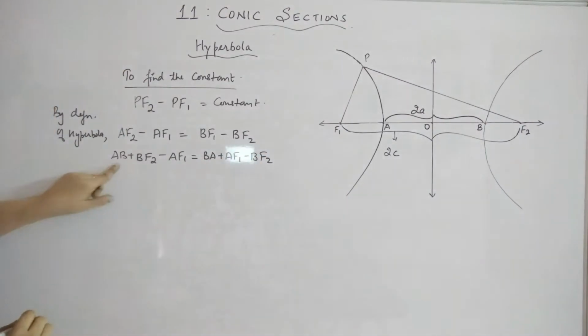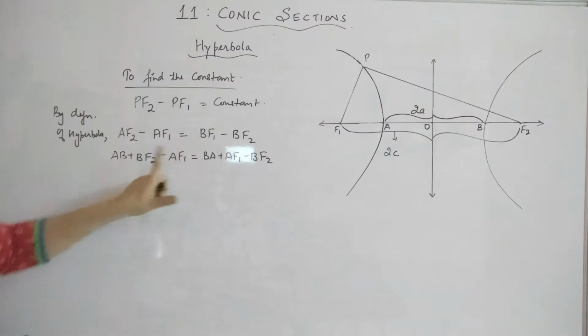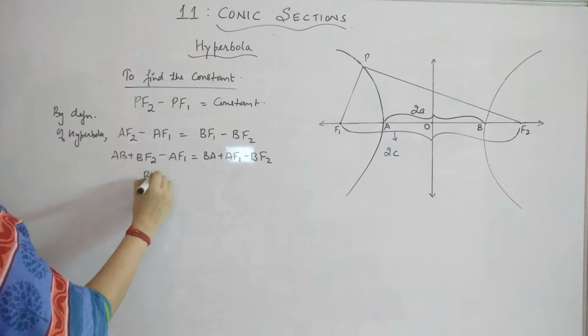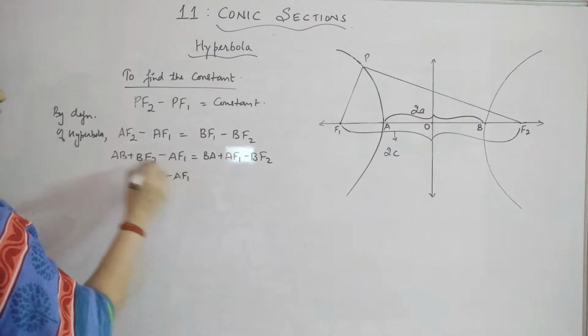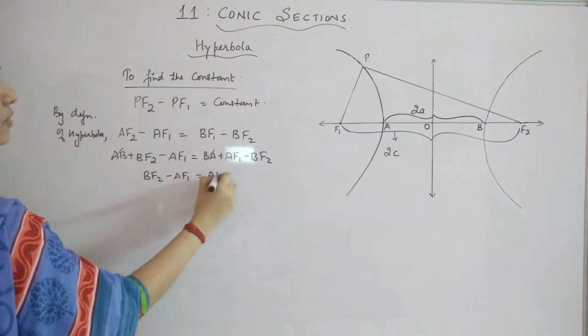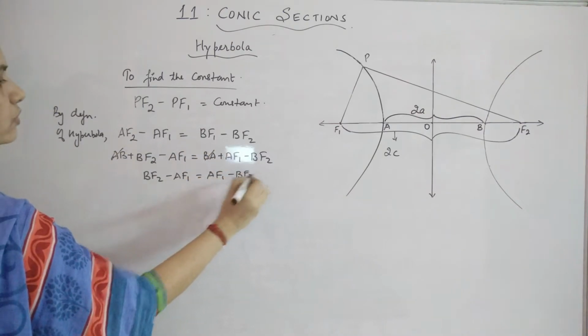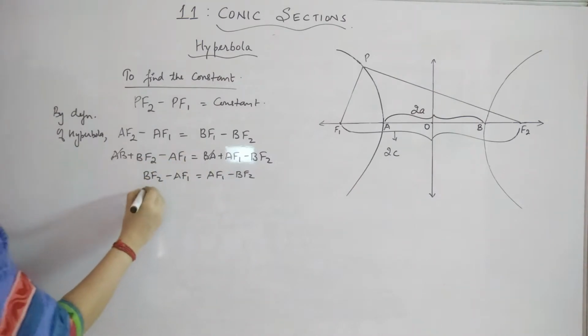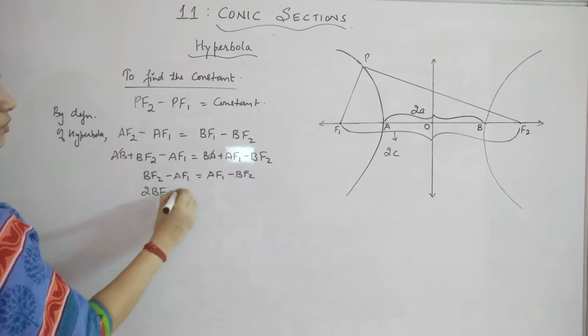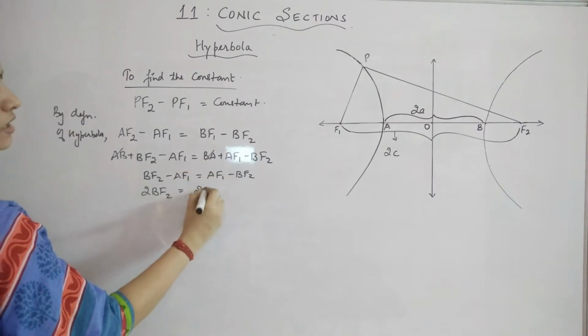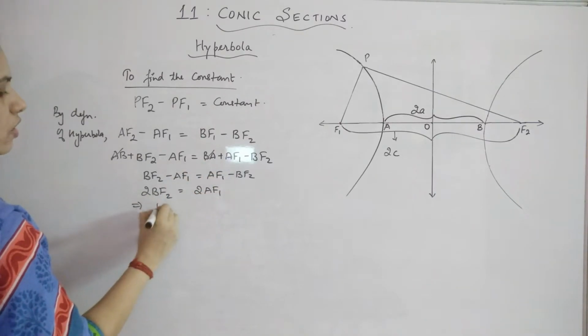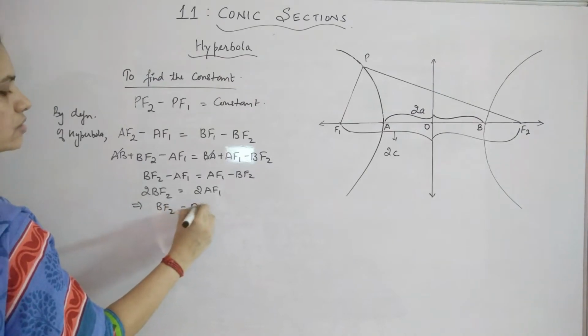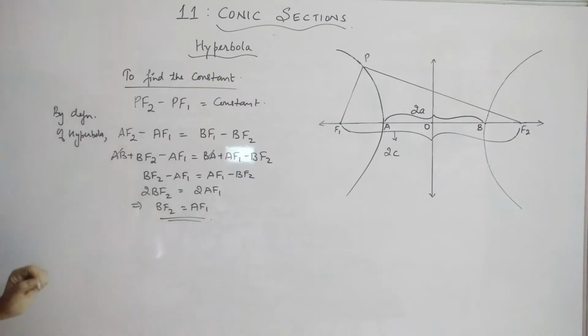We can see that AB is common on both sides, so you will get BF2 minus AF1 is equal to AF1 minus BF2. If this BF2 comes here, it becomes 2BF2 is equal to 2AF1, or BF2 is equal to AF1, right?